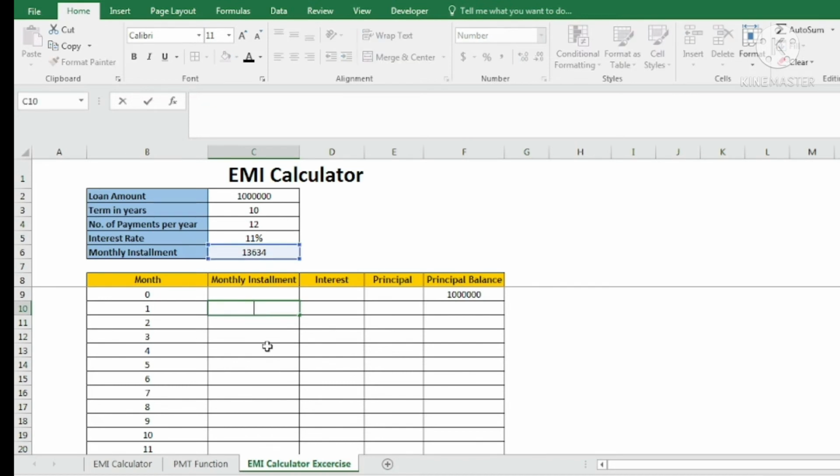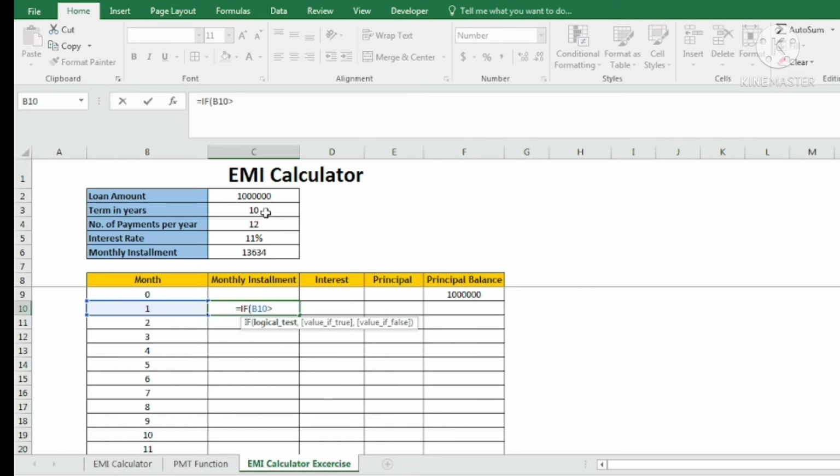So is equal to if, tab, logical test. Now in the if function, what I am going to use: once it becomes 120, if I copy the formula down, and once the tenure is over, this cell becomes 120, is greater than this into this.